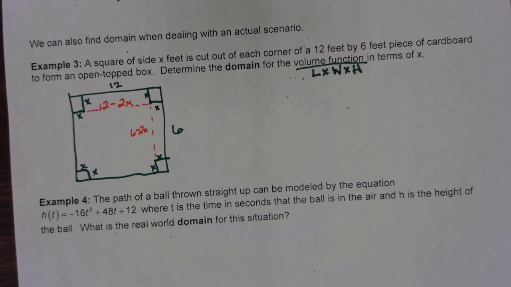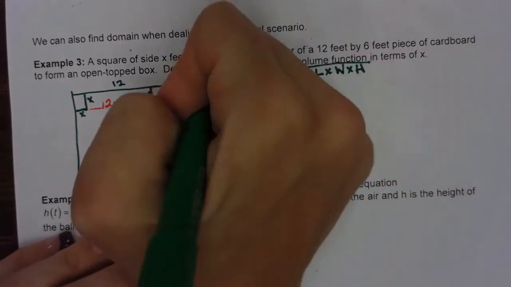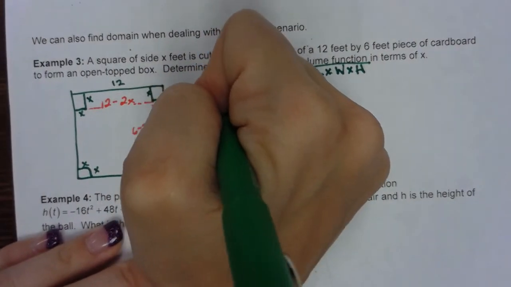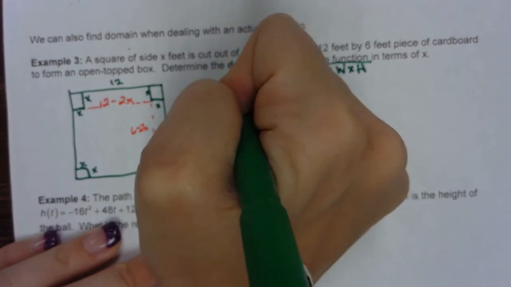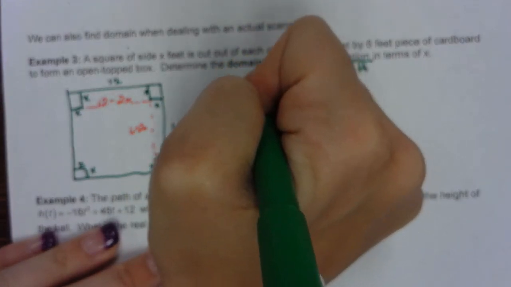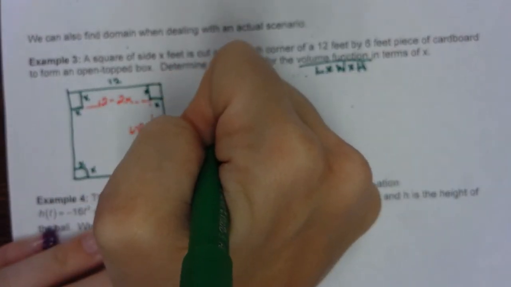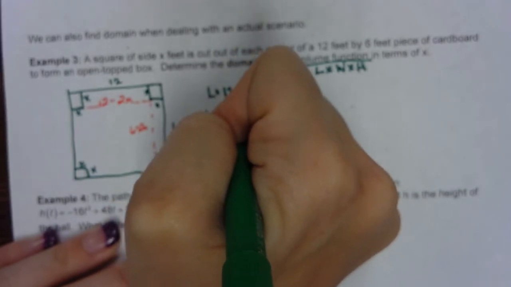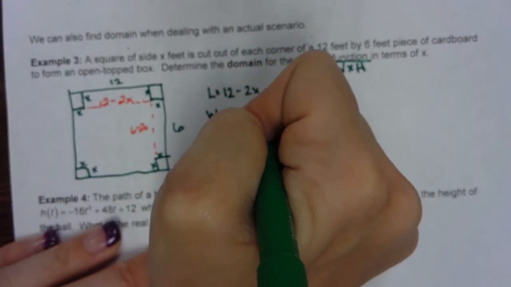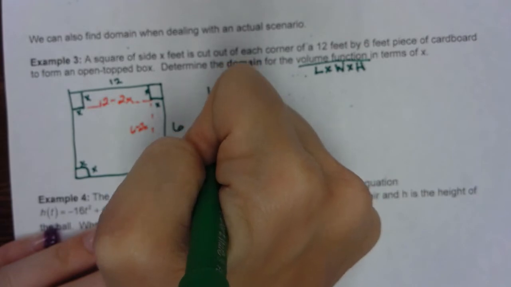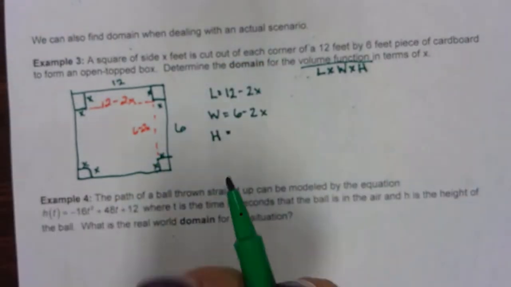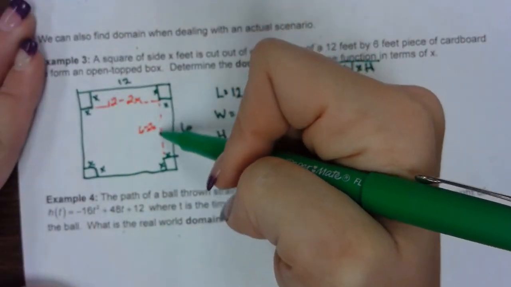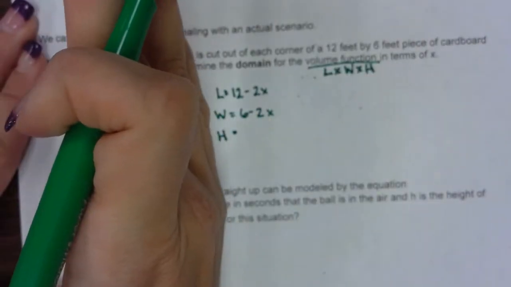Alright, so when it comes to volume, let's talk about length, width, and height. So our length in this case would be 12 minus 2x. Our width would be 6 minus 2x. And our height, well, think about our height. These dotted lines are where we would fold up.